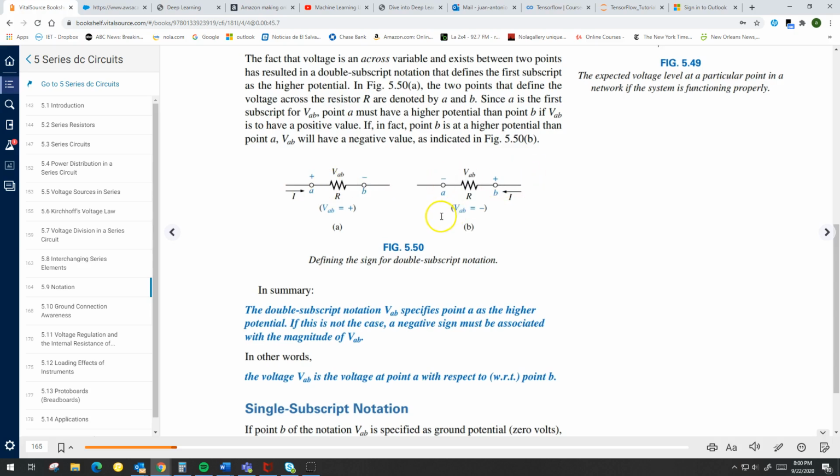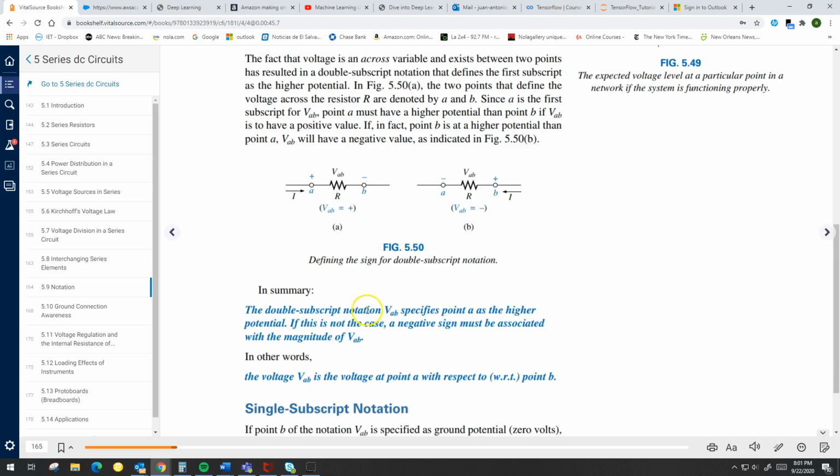And the letters don't matter. It could be X, Y, or 1, 2. It doesn't matter as long as you know which one is which, right? For instance, when we measure voltages in the lab, we don't label A or B. We just measure it because we know what we're looking at. So AB could be X, Y, could be 1, 2, whatever.